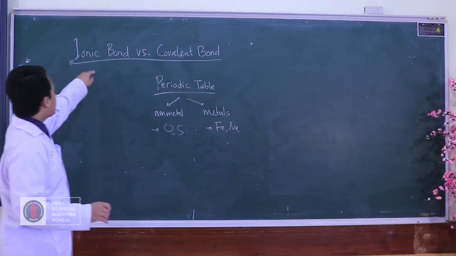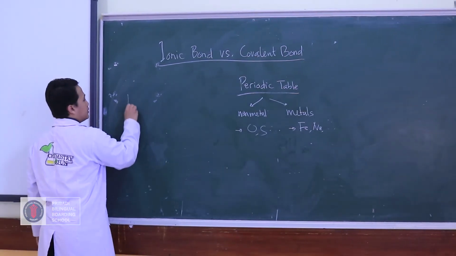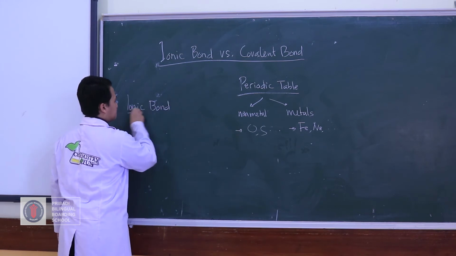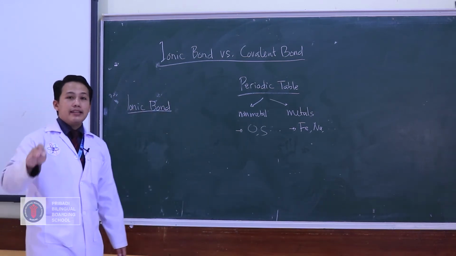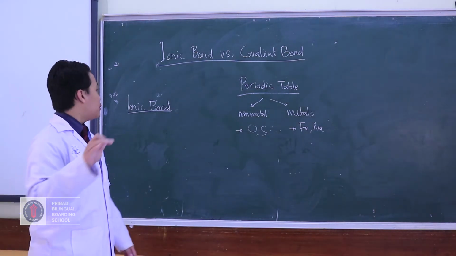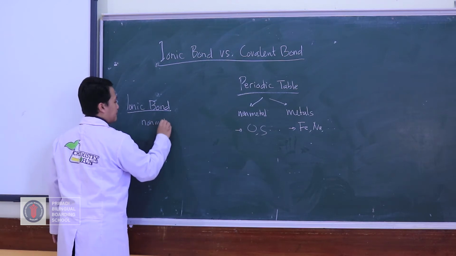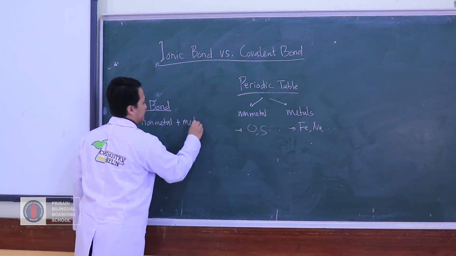Okay, so here we will discuss the ionic and covalent bond. So, ionic bond: what is an ionic bond? It is a bond that is produced by a non-metal element and a metal element.